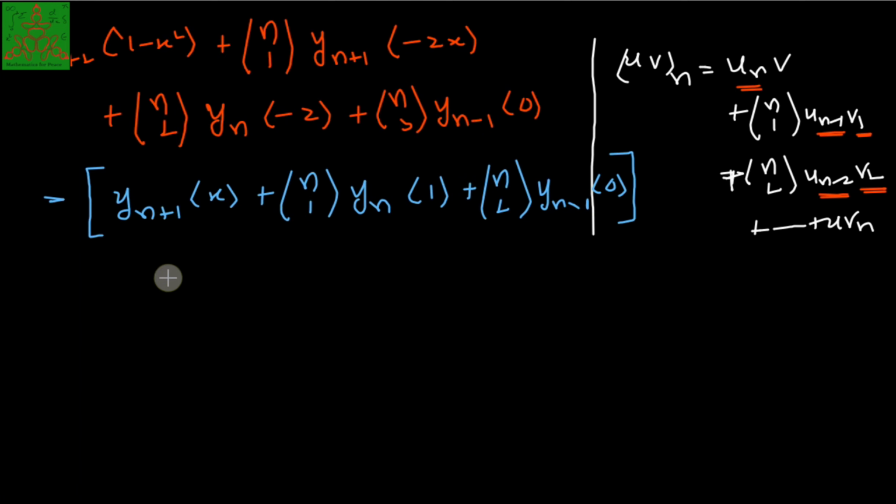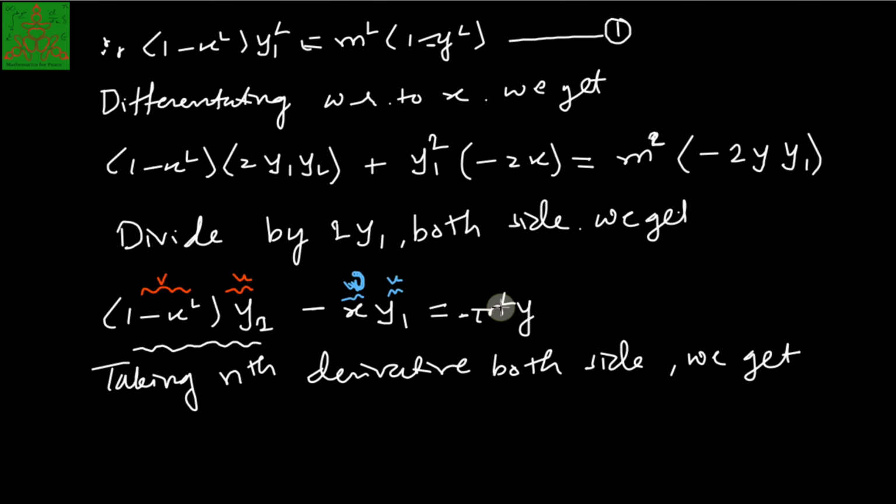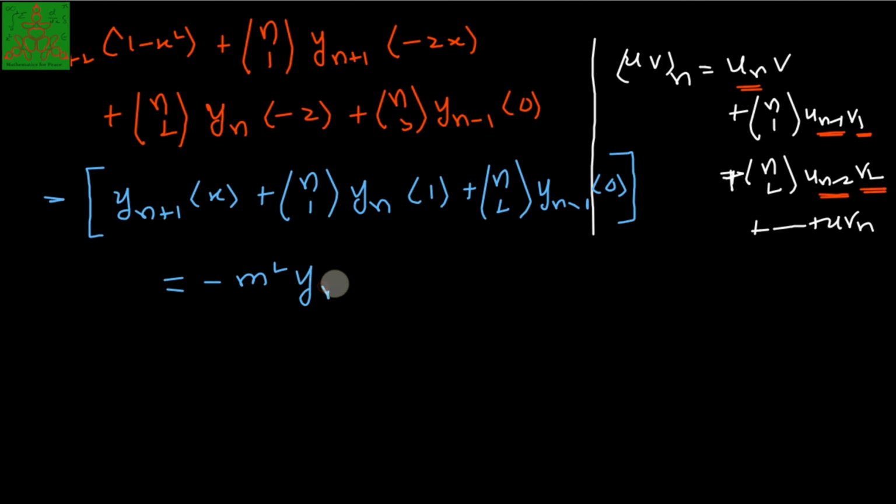Now equal to, on the other side, it is minus m square, a constant quantity, so it is taken out of the derivative, and the derivative of y is yn. So finally you have this expression. Let me simplify it and write it down. You will have y(n+2)(1 minus x square), plus nC1, which is n, and with minus 2x, that is minus 2x n y(n+1).